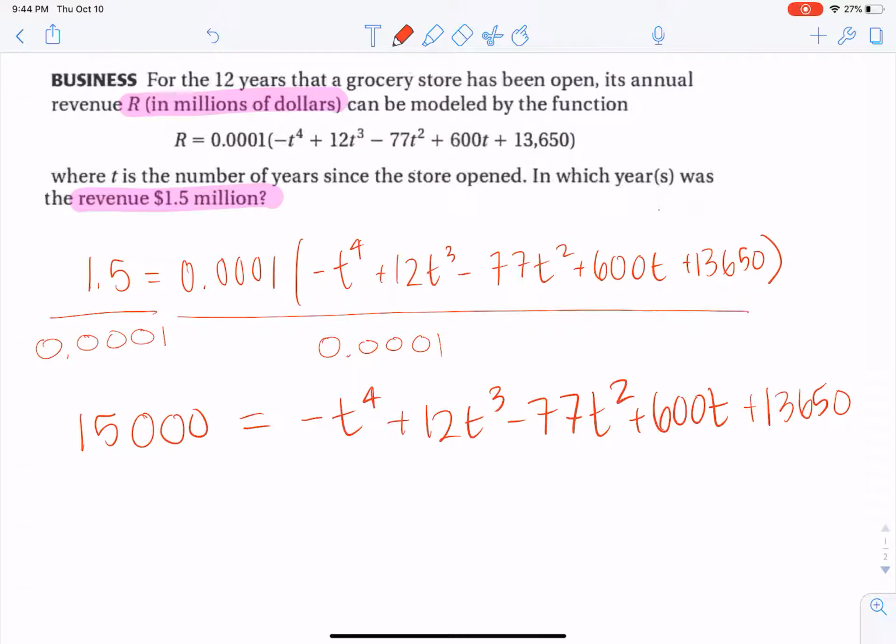So now what I want to do is I just want to go ahead and solve this polynomial for t now that I have only one variable left in this expression. So what I want to do in order to solve this, or I should call it an equation, is I want to first go ahead and set this equation equal to 0.